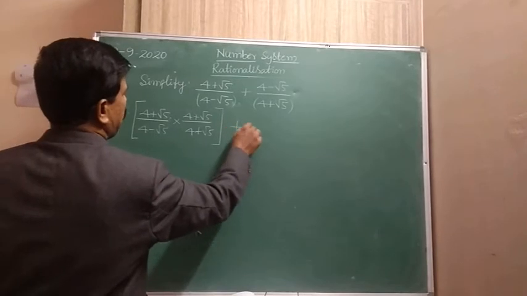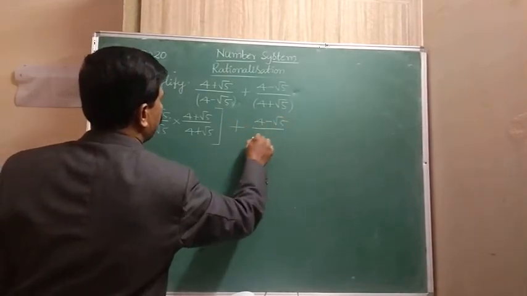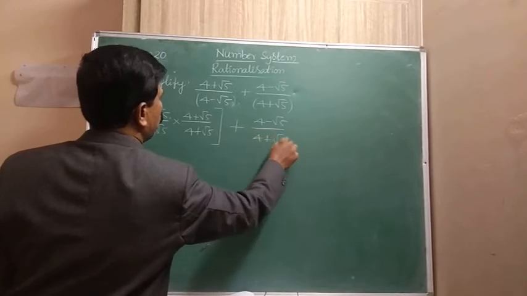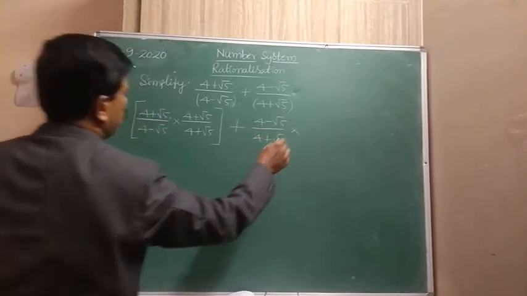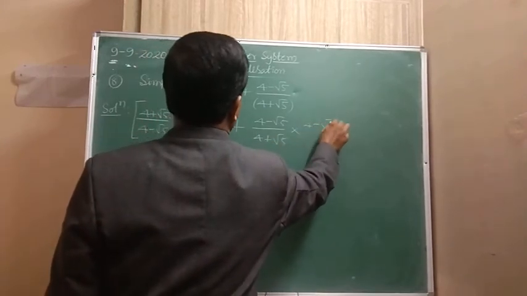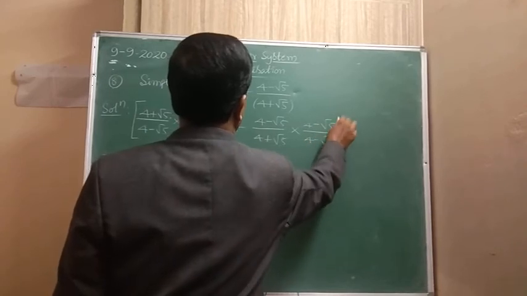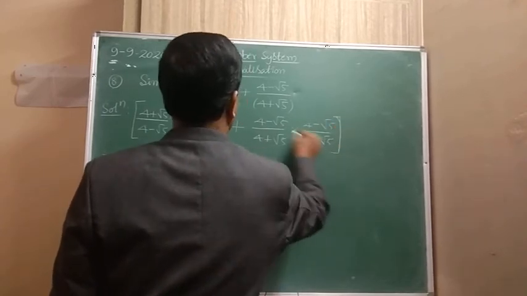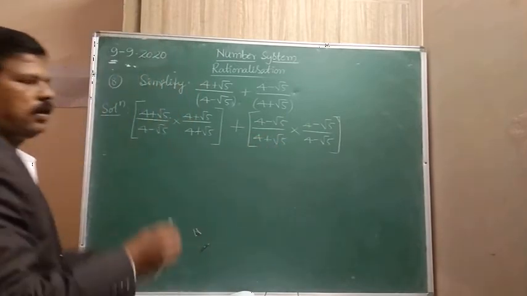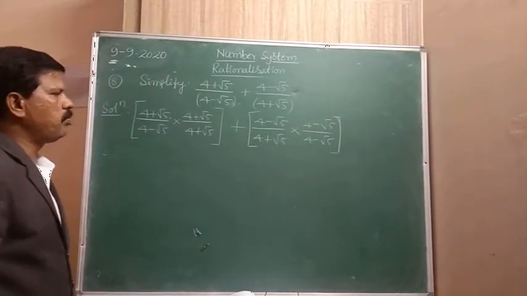Here is a plus sign. 4 minus root 5 by 4 plus root 5 into, so the rationalizing factor of this is 4 minus root 5 by 4 minus root 5. So I am doing the rationalization of the denominator separately.